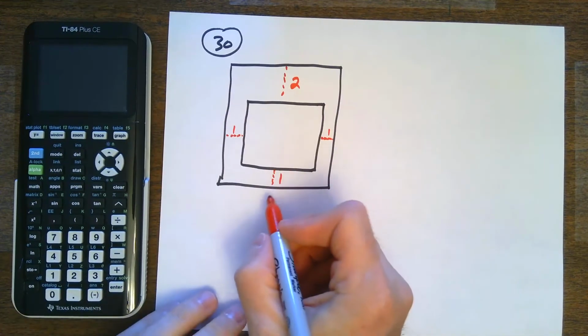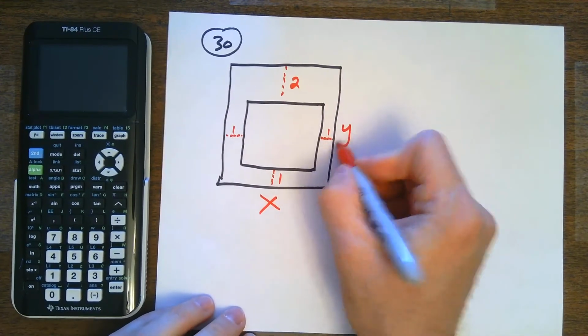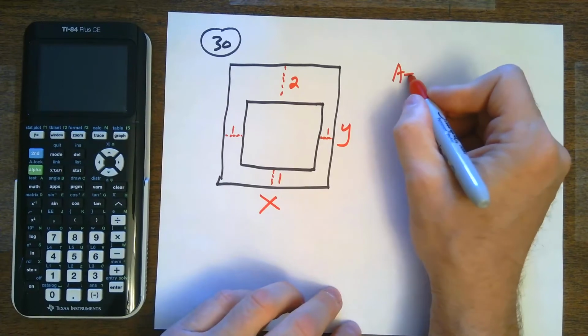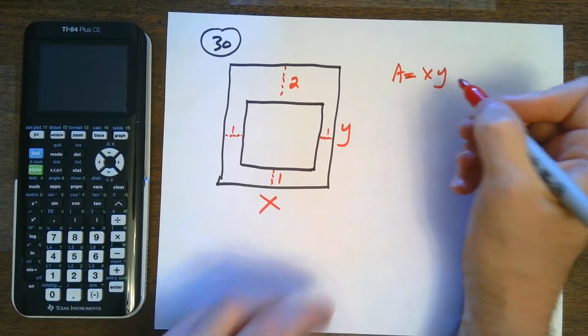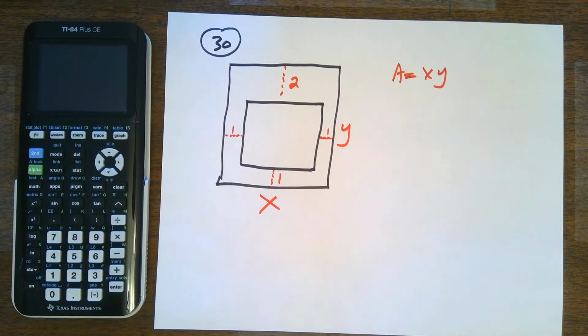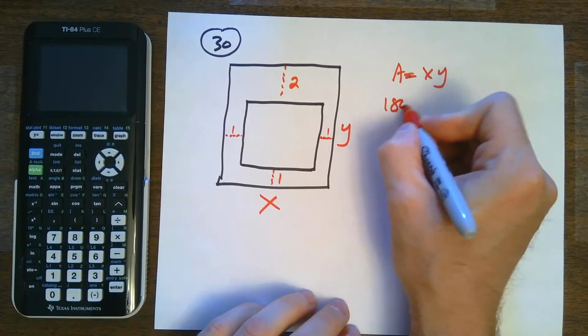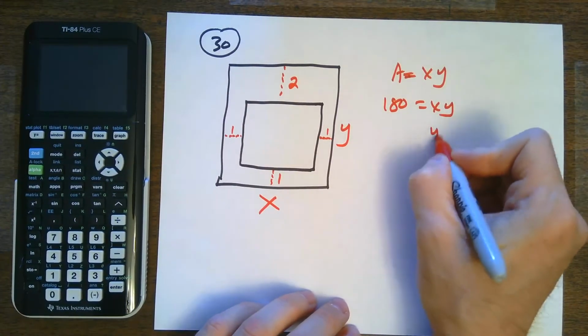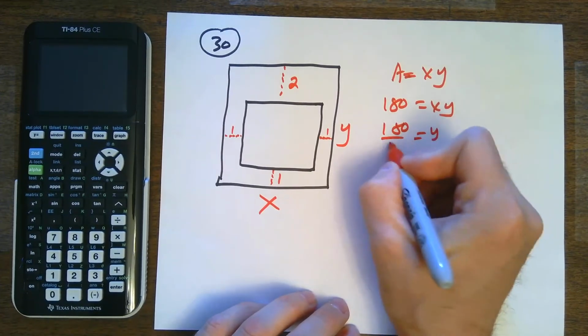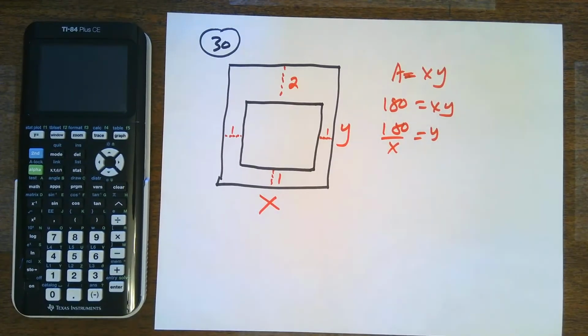Now, if I say the whole poster is x times y, the area is xy, and it tells me that the area needs to be 180. So for y, I'm going to get 180 over x.